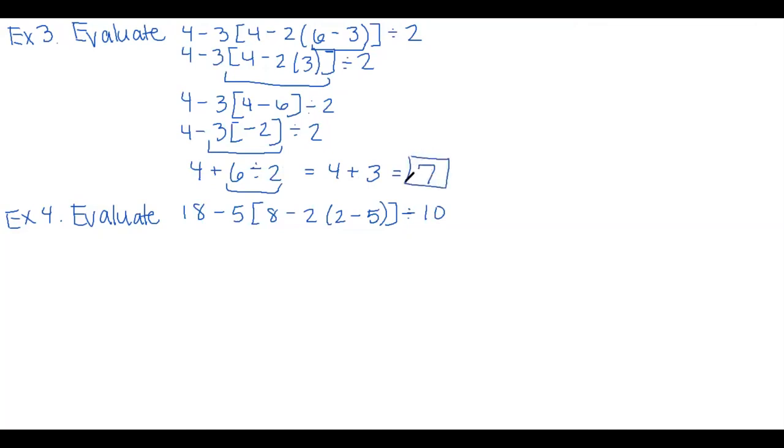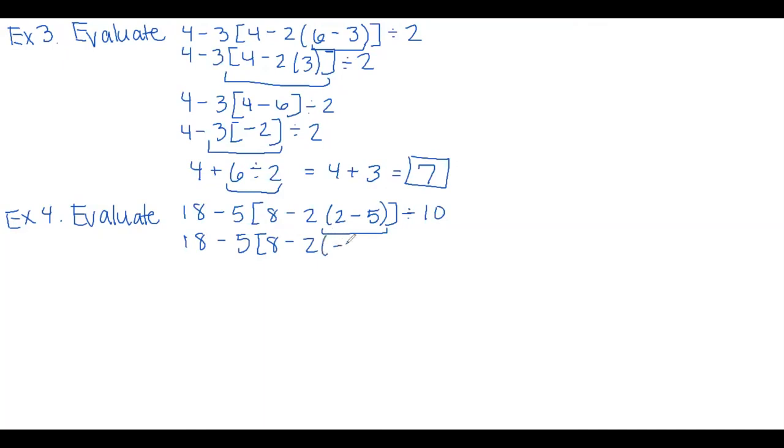All right. Example 4, we've got 18 minus 5. Then in our brackets, we have 8 minus 2 times 2 minus 5. Then it's divided by 10, okay? So let's rewrite this, because first we need to start with the parentheses.